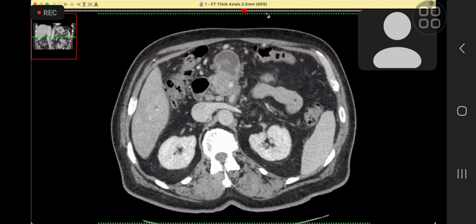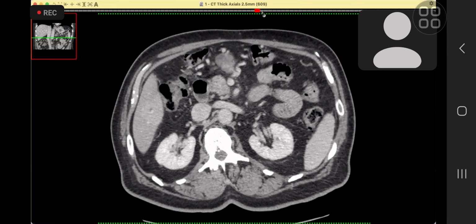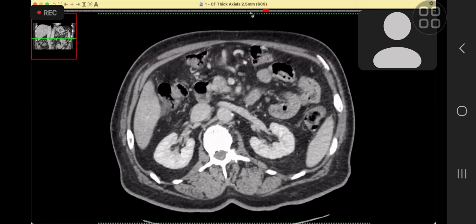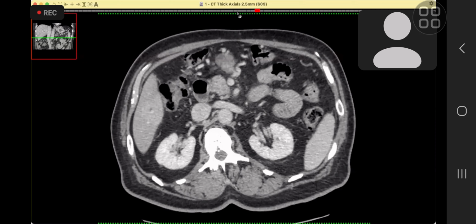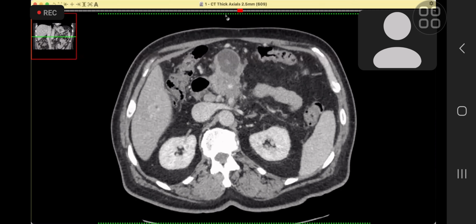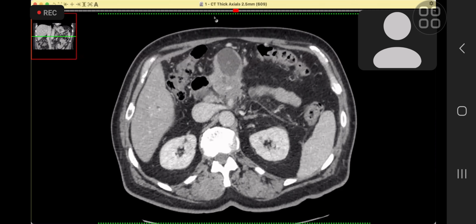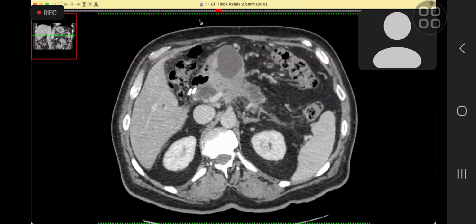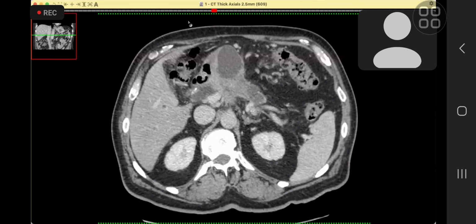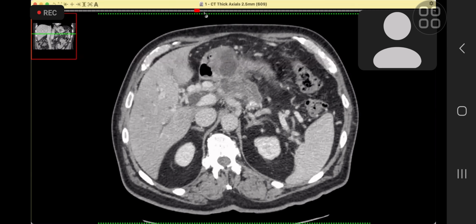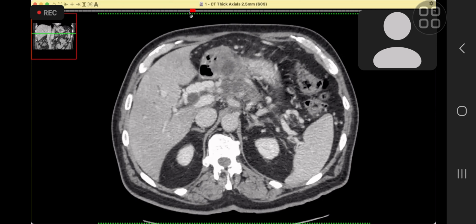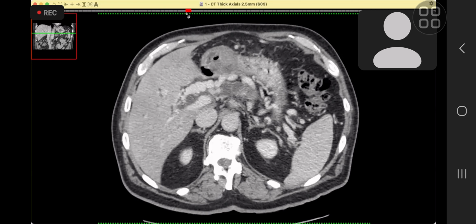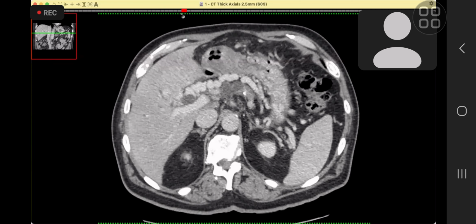Okay, so there is a soft tissue abnormality identified, likely involving the pancreas, head and neck region, with an associated adjacent large exophytic cystic component as well.